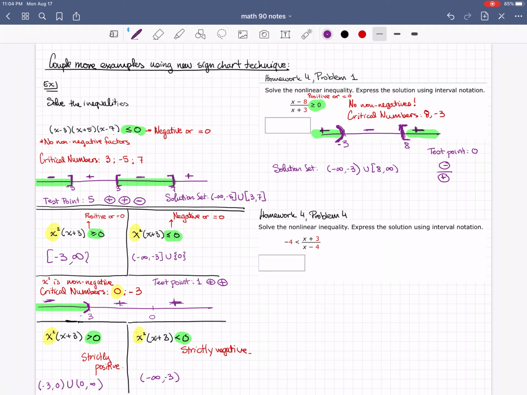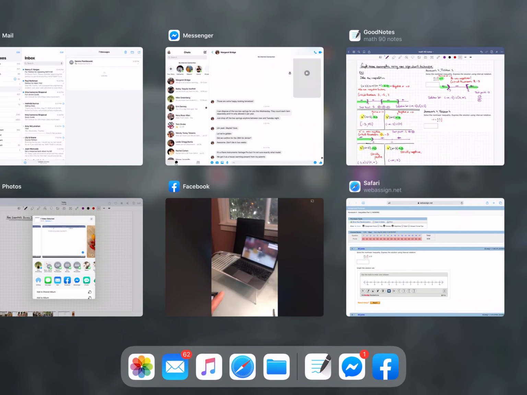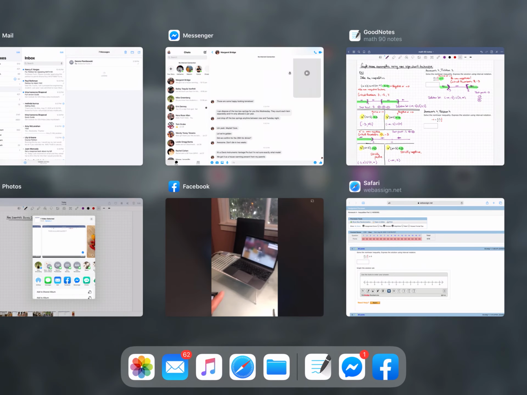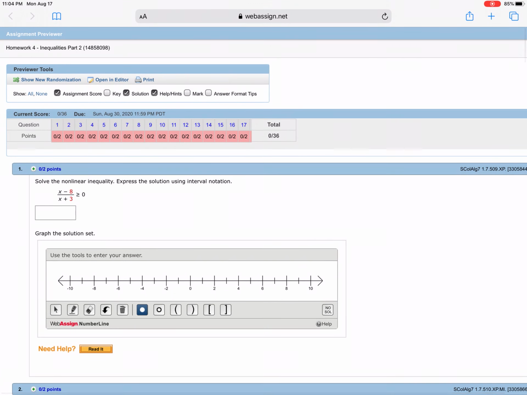What I wanted to show you here is that I actually wanted to pull up this problem in WebAssign, and I have it here. This is homework 4, problem 1. Let me just activate my Wi-Fi here. What I wanted to show you is how to use the grapher tool.